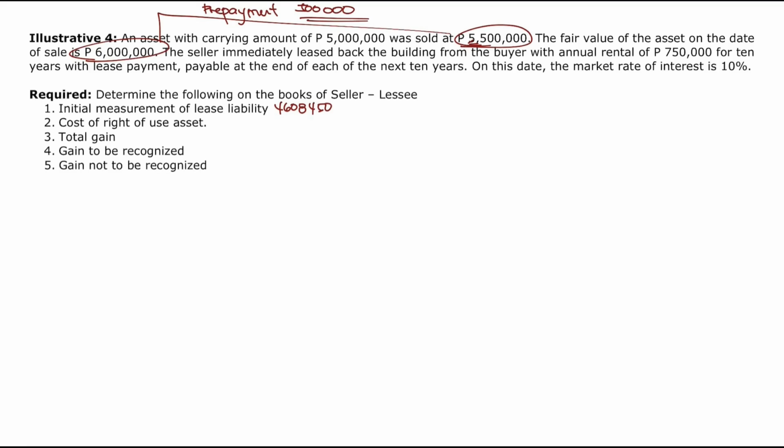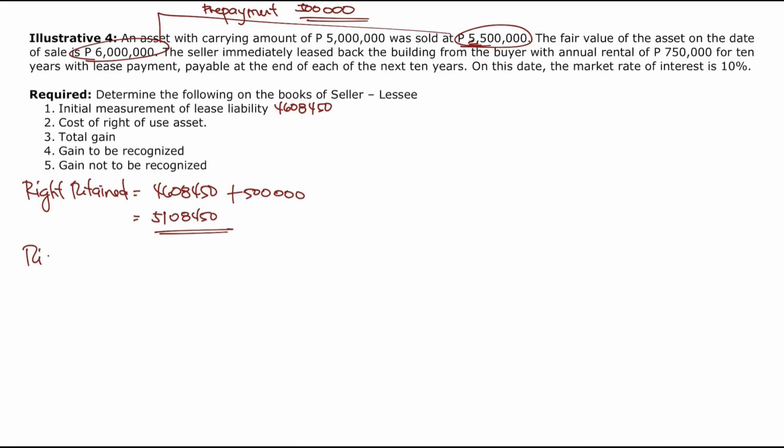So this time, compute muna po natin yung ating right retained. Right retained is equal to the 4,608,450 initial measurement of lease liability plus the prepayments of 500,000. So additional financing is deducted while prepayment is added. So right retained now will be equal to 5,108,450.